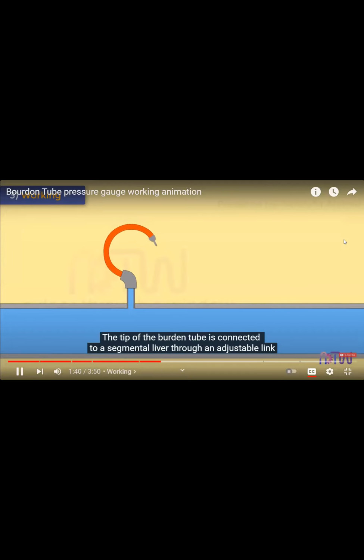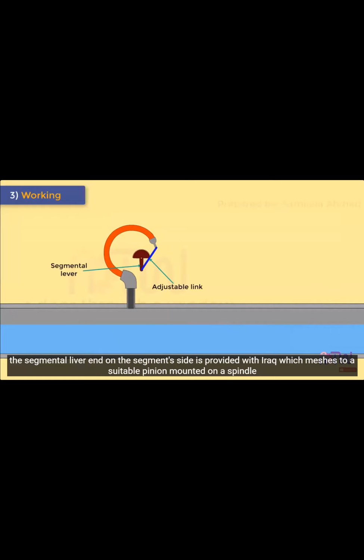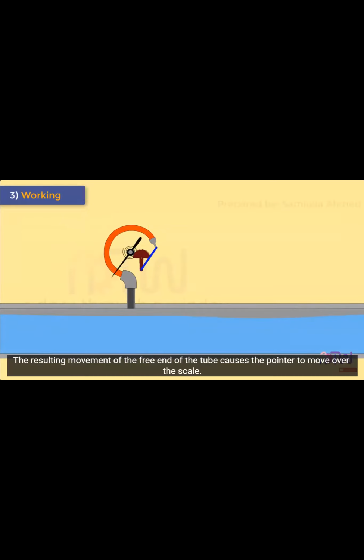The tip of the Bourdon tube is connected to a segmental lever through an adjustable link. The segmental lever end on the segment side is provided with a rack which meshes to a suitable pinion mounted on a spindle. The segmental lever is suitably pivoted and the spindle holds the pointer. The resulting movement of the free end of the tube causes the pointer to move over the scale.